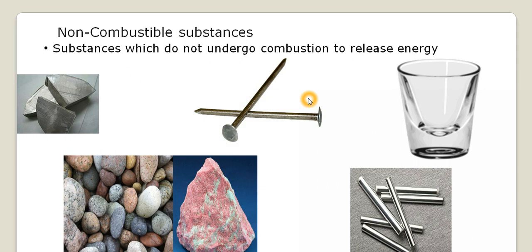If you put it on fire, do you see that the iron nail burns? Nothing happens to the iron nail. It doesn't burn. So that is why it's a non-combustible substance. Similarly, glass does not burn. You can take the example of steel, like a steel spoon, stones, rocks. They're all examples of non-combustible substances.